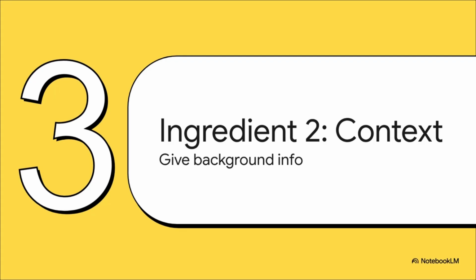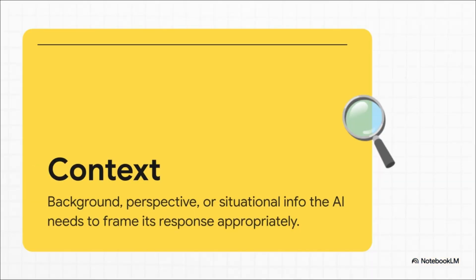Moving on to ingredient number two, context. This is all the background information the AI needs to properly frame its response. It basically answers the who, what, and where for the AI. Like you're a doctor explaining something to a patient, or maybe a marketer writing some ad copy. Providing this information is what separates a generic, boring encyclopedia entry from a truly tailored, helpful piece of advice.